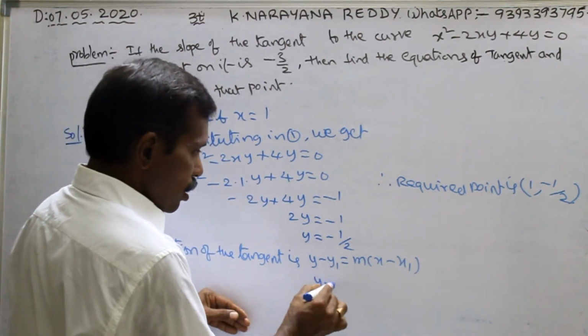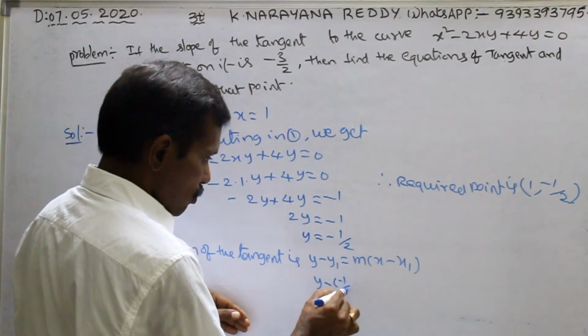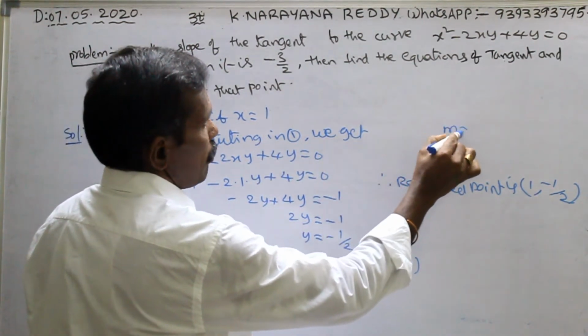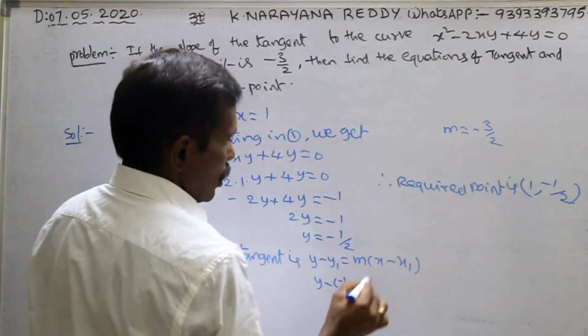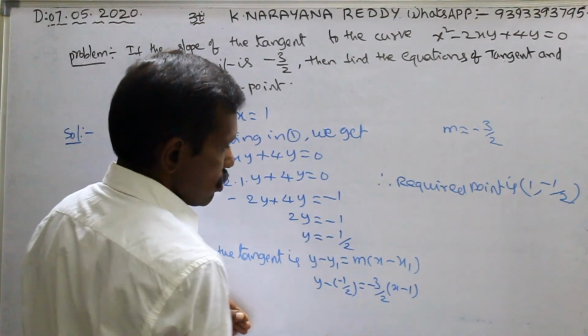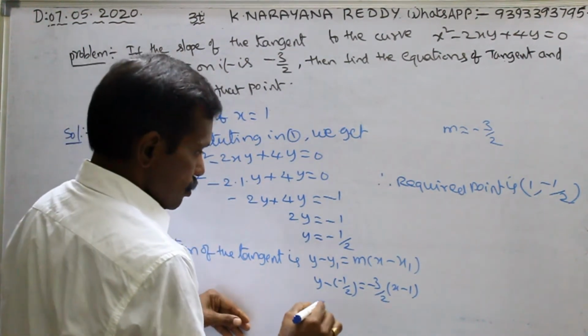What is y1? Minus half. What is m? You know, m is minus 3 by 2. Minus 3 by 2. X minus x1 means 1. Okay? Now simplify this.